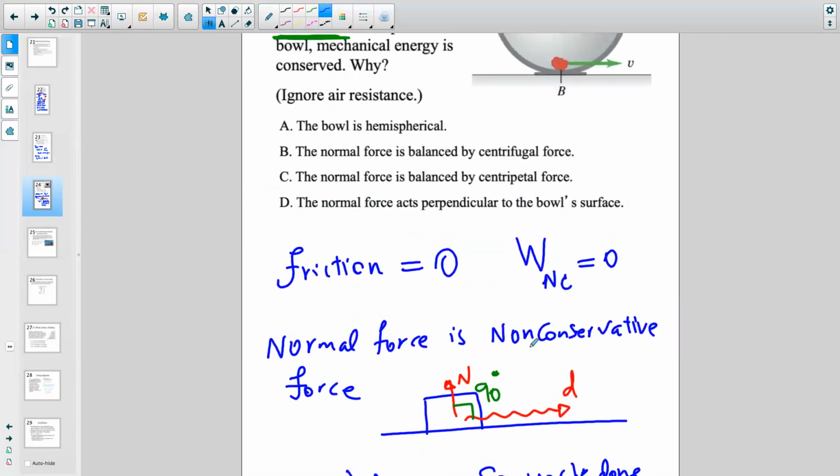The normal force acts perpendicular to the surface, and that's the reason it does not do any work. So even though it's a non-conservative force, it's not going to kill the initial energy, and that initial energy will be transferred all the way from point A to point B.